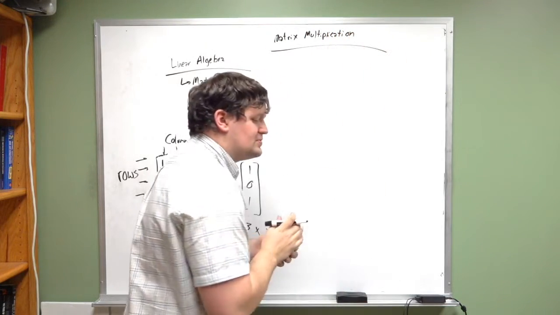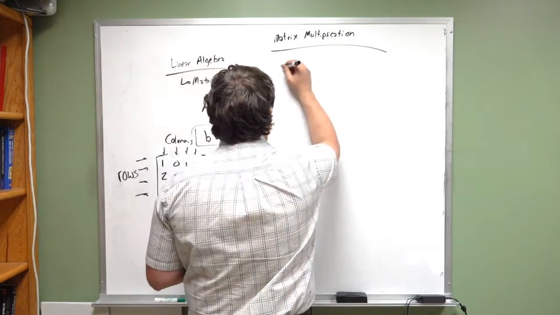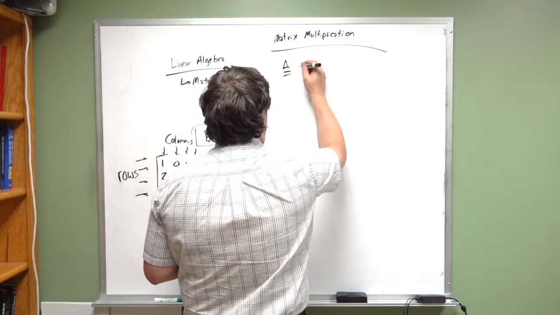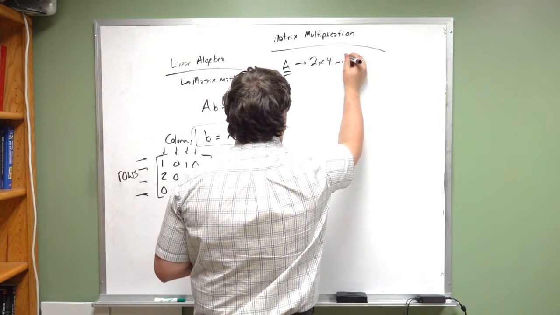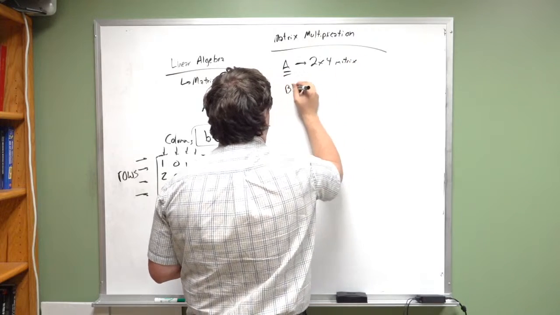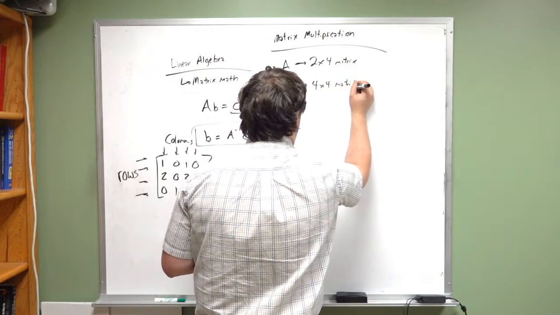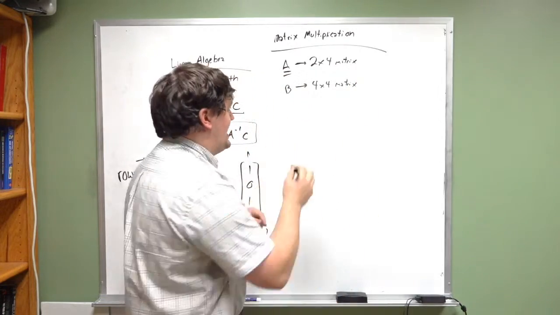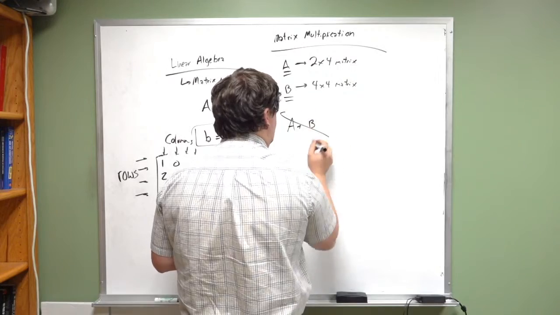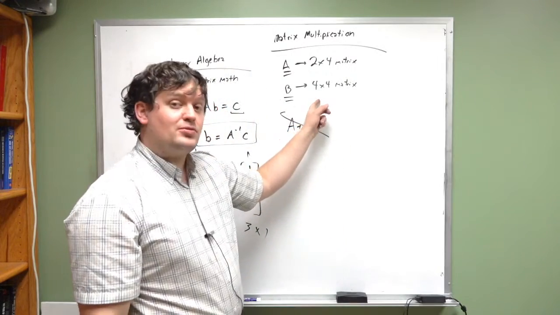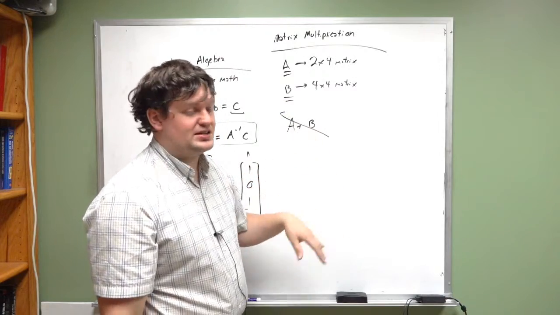So when you go to multiply matrices by each other, let's say A is a 2 by 4 matrix and B is a 4 by 4 matrix. Now you cannot add A and B together. You just can't, because they don't have the same number of rows. So you can't add them, you can't subtract them.